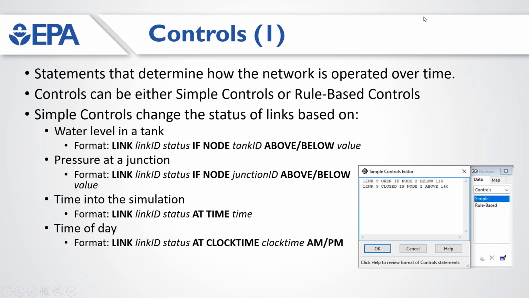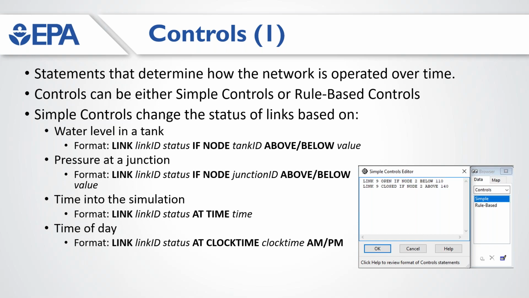Then we extend a little bit more on controls. Controls basically are text statements that determine how the network is operated over time. They can be simple or rule-based. The simple one is quite simple. If you really want to try to play with control, then a simple control probably is where you should start.